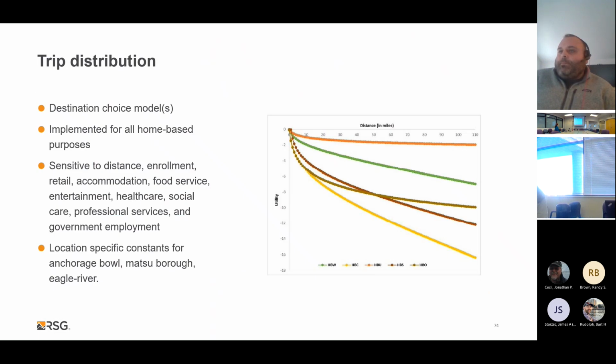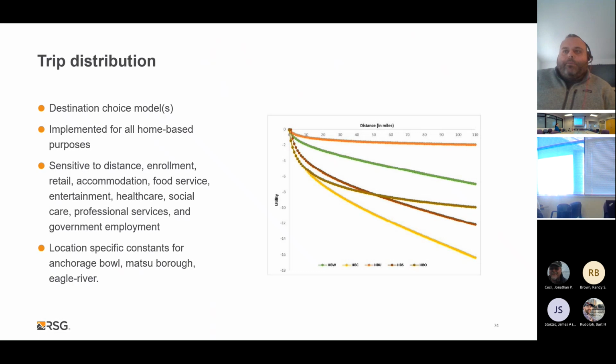The trip distribution step is performed using a destination choice model. The simplified models that we talked about earlier were gravity models. And so a gravity model is a very simple destination choice model where the only values that are considered are impedance or travel time values. But in the AMATS model, it's more nuanced.